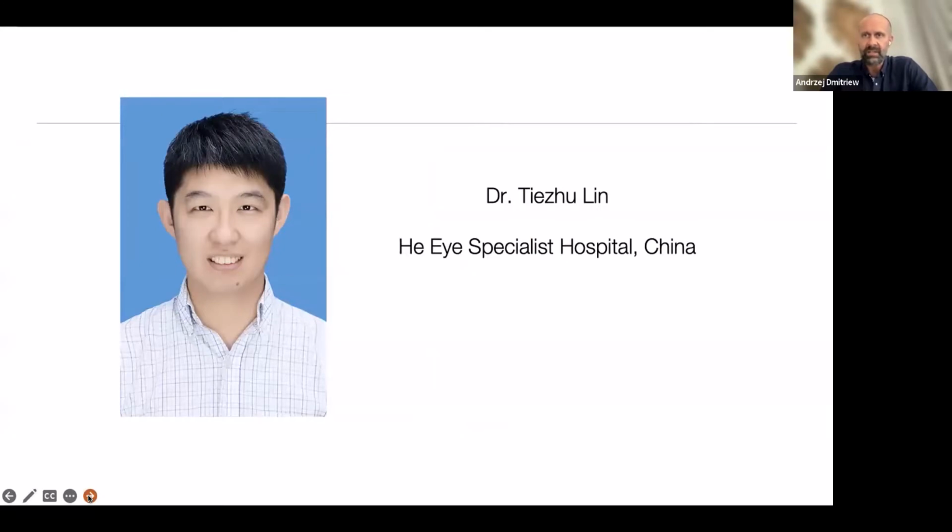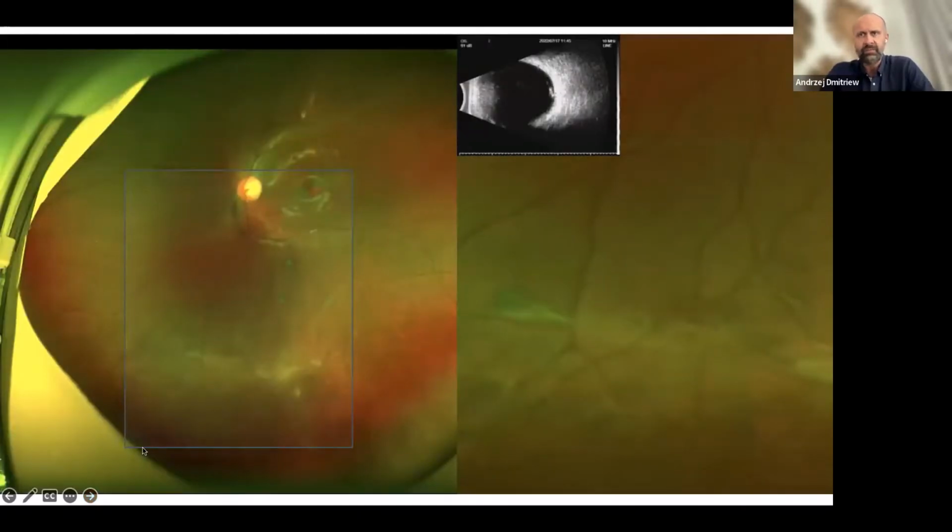And another speaker who joins us in October will be Dr. Tess Hulin from China. And I guess he'll try to focus more on wide field images. And as you see here from his pictures, wide field images show us a lot in terms of the nature of vitreous problems. Sometimes if we just focus on the central vitreous, we don't see that the peripheral degeneration of the vitreous might cause symptoms.